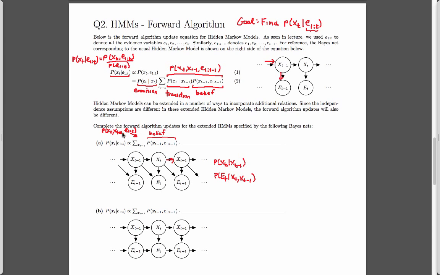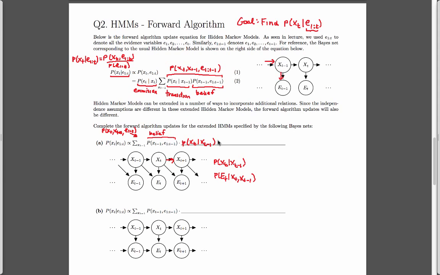So in order to get this probability distribution, we start with our previous belief, and then we multiply first by our transition model, which is the probability of x_t given x_{t-1}. In this case, this will now give us the probability of x_t and e_{1:t-1}. And now we also want to incorporate our current evidence, which is e_t.